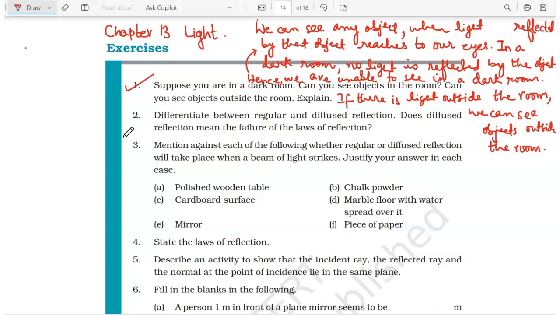The next question. Differentiate between regular and diffused reflection. Does diffused reflection mean the failure of the laws of reflection? So let us first differentiate between regular reflection and diffused reflection. Can you all see the black screen? Let us make a column for regular reflection and diffused reflection.